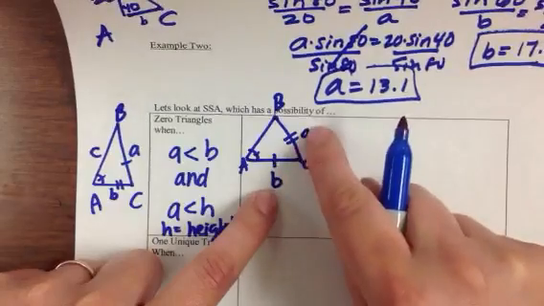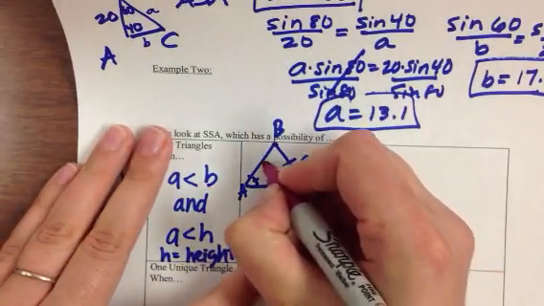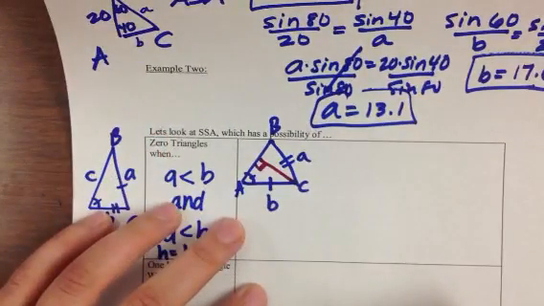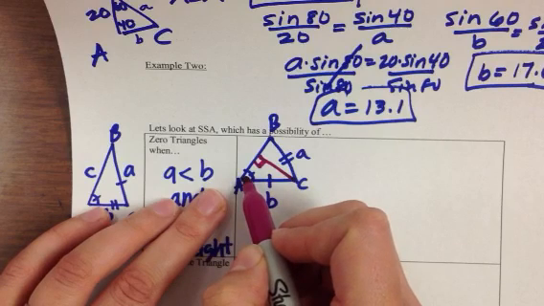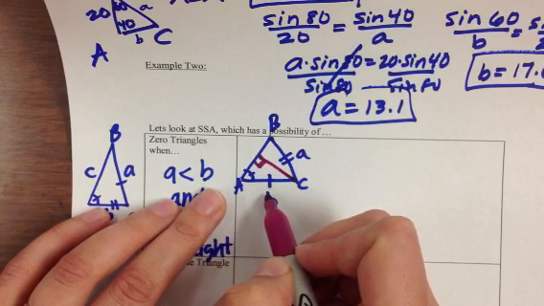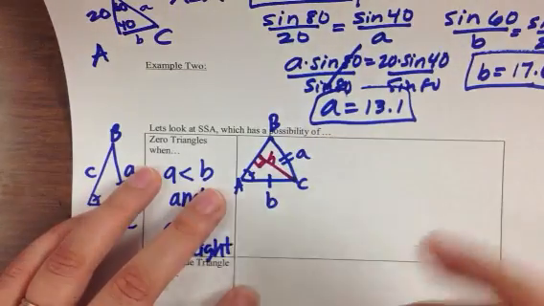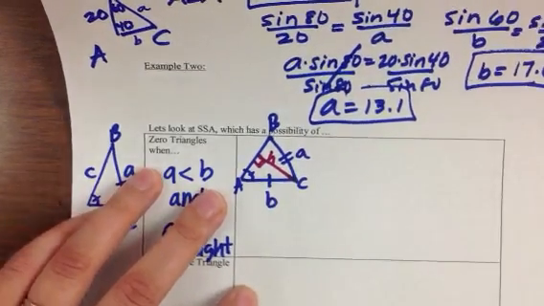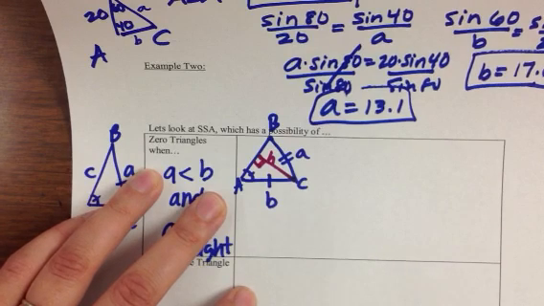Well, if these are my 2 given sides, an altitude would be dropped from point C to the opposite side, and it would make a 90-degree angle. So then, if I know angle A, I just do sine of A equals opposite over hypotenuse, and I would solve for H, the height. We just need to remember those properties from geometry, because we know that the shortest distance to a side is always going to be that altitude, making that 90-degree angle with the other side. That will always be the shortest distance.